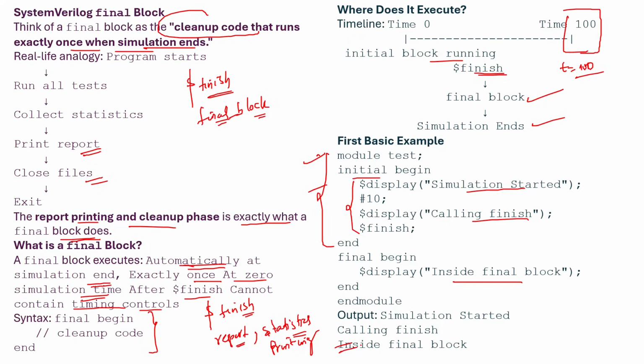Actually, you may be thinking the final block is also like an initial begin block. Not like that. Initial begin runs at zero simulation time, t equal to 0 only. Then after the simulation has ended, we go for the final block. It will print the statistics and all these things.